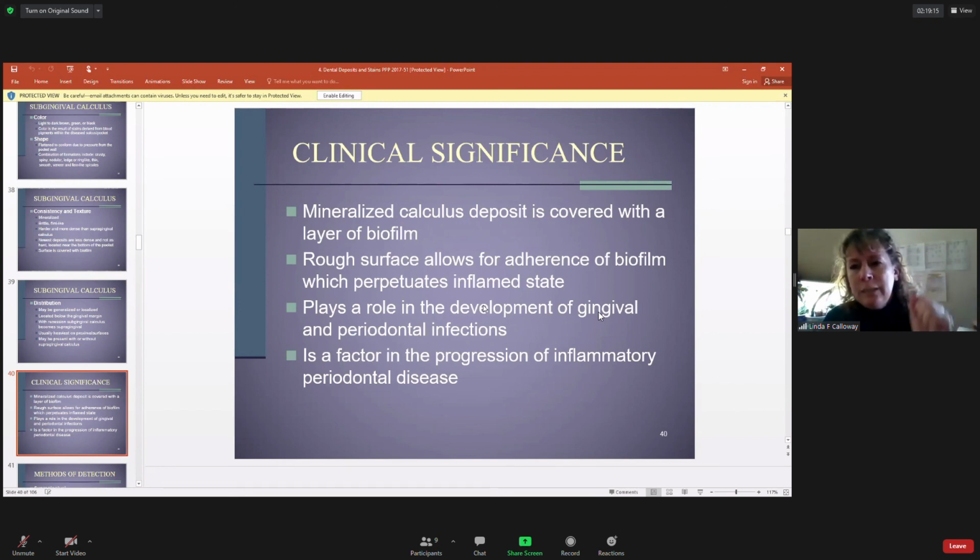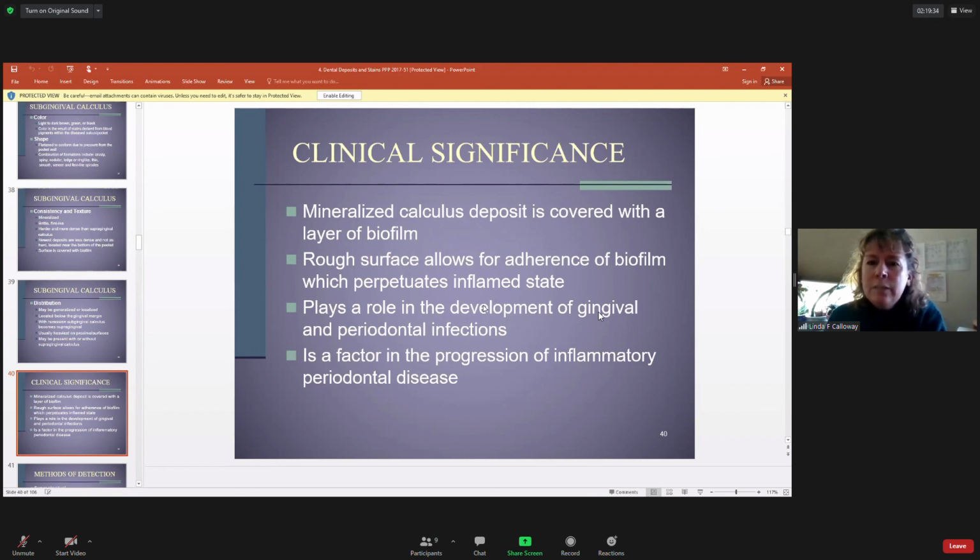So you need to remove the calculus in order to keep the area slick enough for the patient to maintain a reduction in biofilm that will help them be healthy. Hope I didn't throw too many words in that definition.